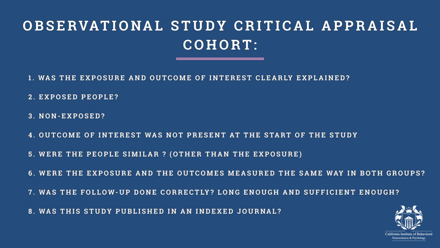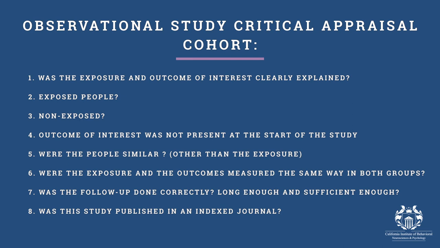So make sure that the outcome of interest was not present in the population before the study began. So these 4 questions: was the exposure and the outcome of interest clearly explained? The exposed people were mentioned clearly by the authors. They also mentioned the non-exposed population. They mentioned the outcome of interest, that it was not present at the start of the study.